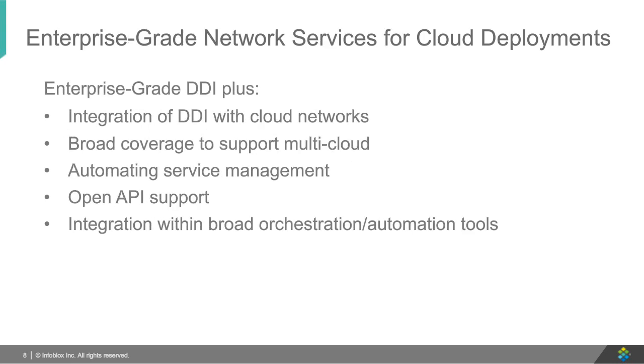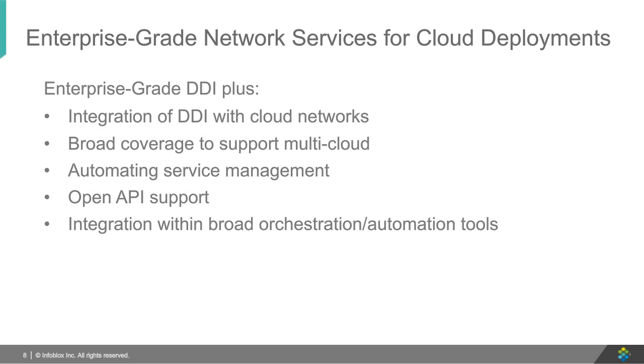So finally, what constitutes enterprise-grade network services for clouds? Well, it's everything we've thought about and delivered in terms of enterprise-grade DDI for the private cloud, the data center. But in addition, integration with the cloud networks, coverage to support multiple clouds, not just one cloud, but multiple clouds. One thing we've recognized is that customers want choice when it comes to their cloud deployments, that they don't want to be stuck to one provider.